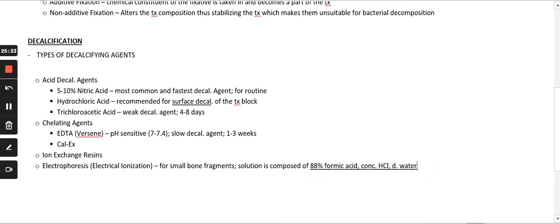Okay. Now, moving on. Another thing that you should take note of under decalcification is that we have different ways to measure the extent of decalcification.